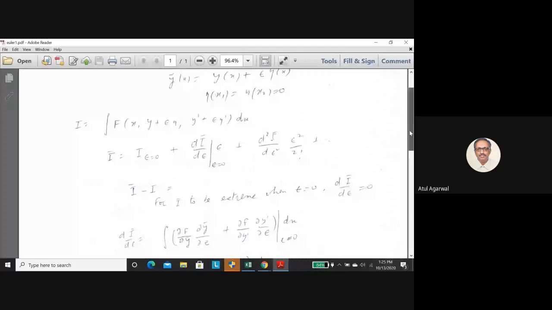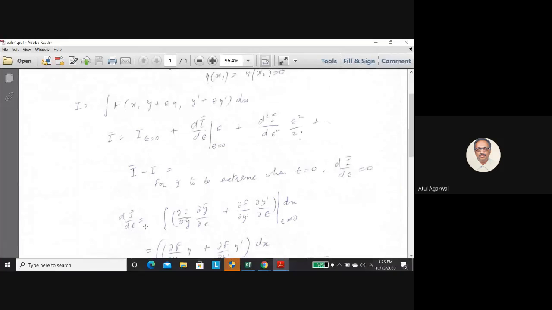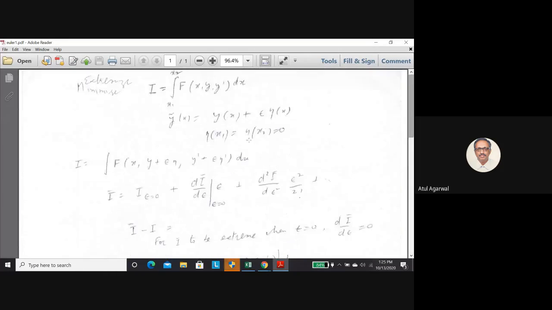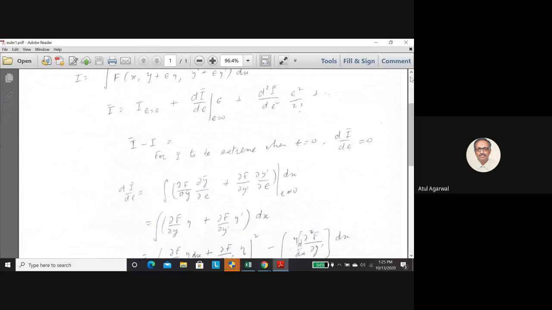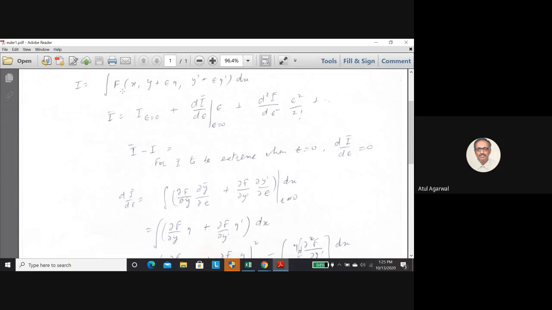Now we want to find its derivative with epsilon. So you have to take its derivative, del f by del y. How to find this derivative?